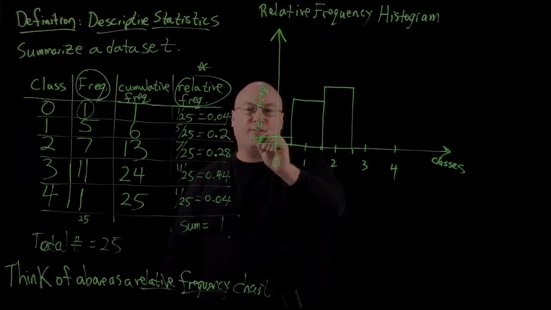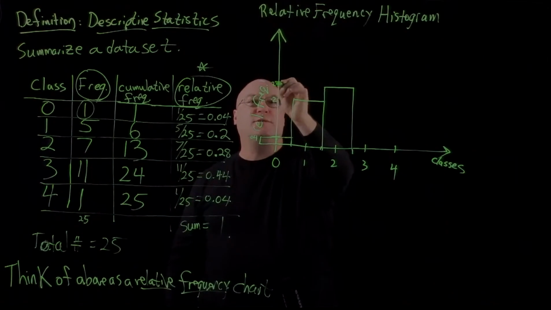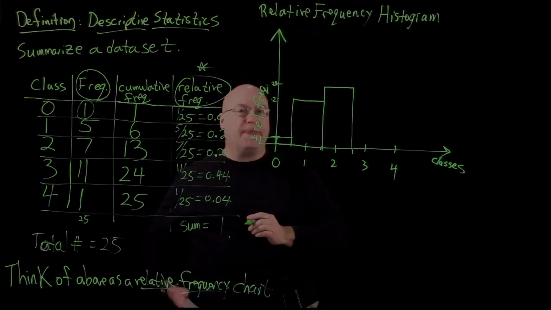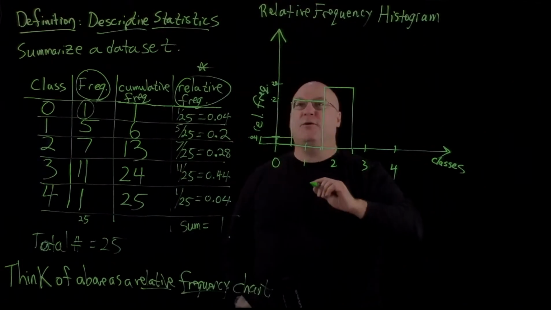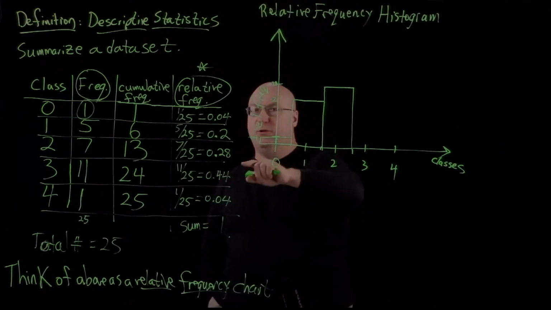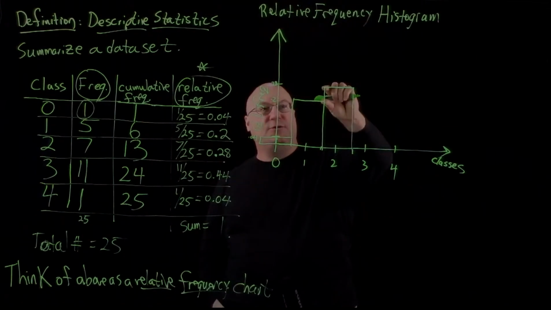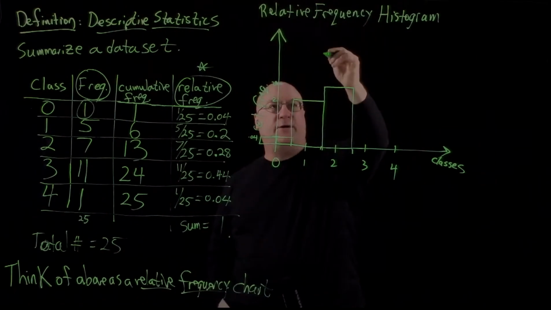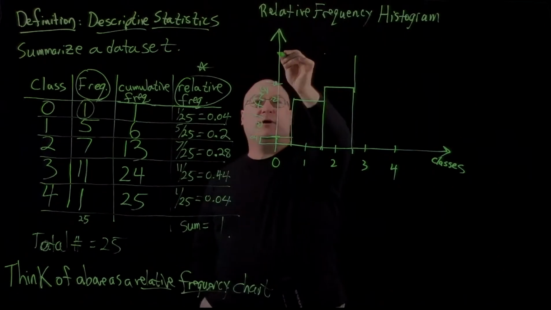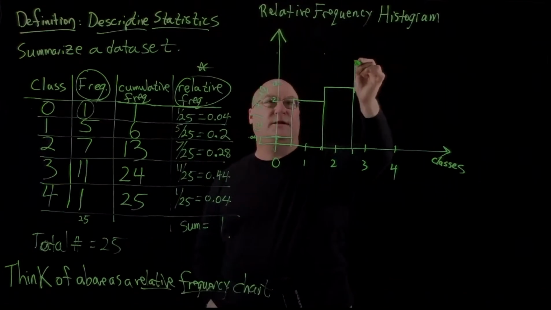This is 0.04, this is 0.2, and this one here is 0.28. To go up to 0.44, I've got to go up about 4 more of these, right? That's 0.44, and that's probably a little tall. Gotta bring it down a little.